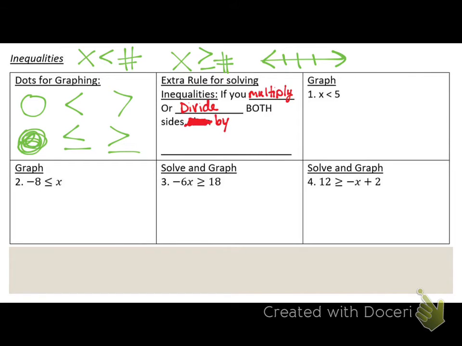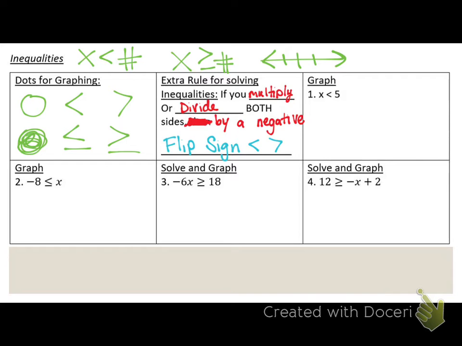By a negative. So if you multiply or divide both sides by a negative, then what do you do? Be confident. Flip what? Flip the sign. So less than becomes greater than, greater than becomes less than, all that stuff.